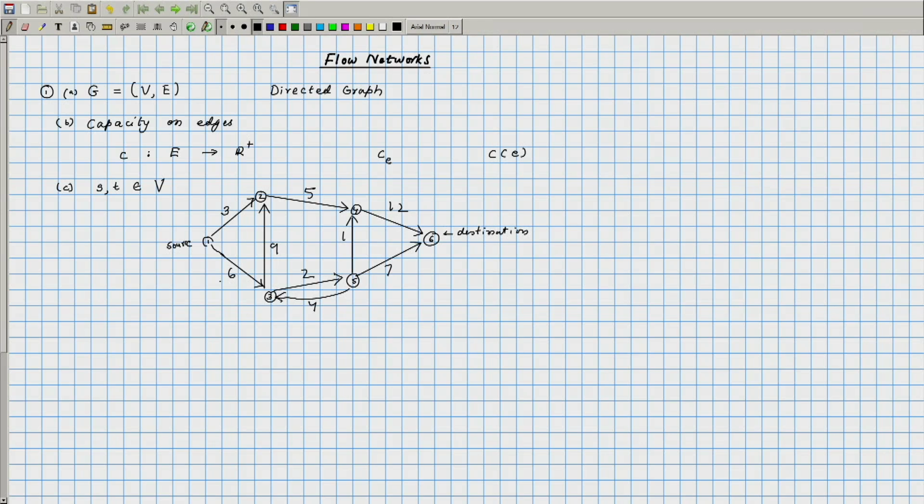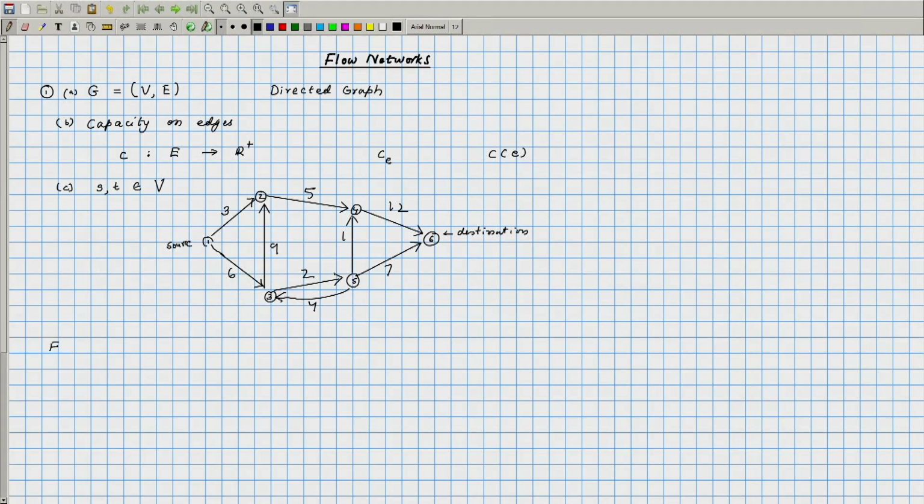We will formally define what a flow is. The objective of this lecture is to have a procedure to characterize the maximum flow that is possible in a flow network. So, let us formally define what a flow is.